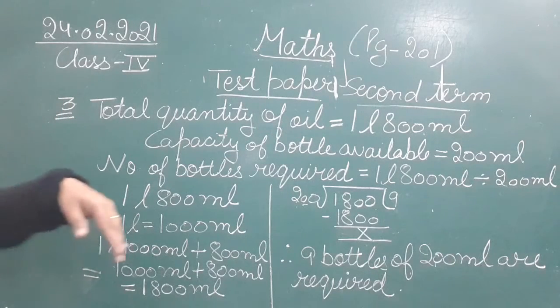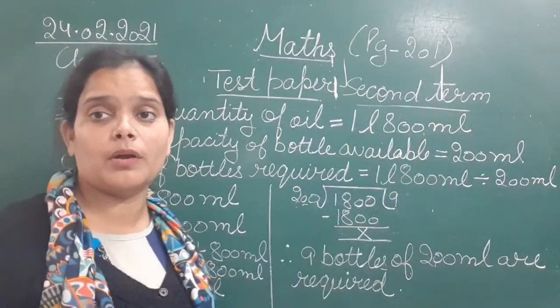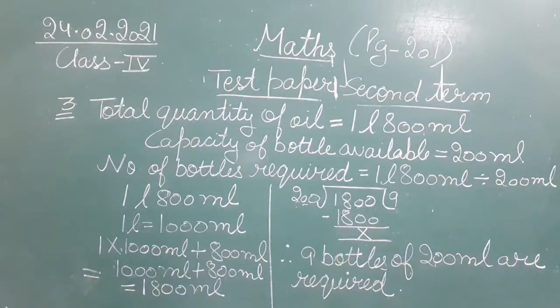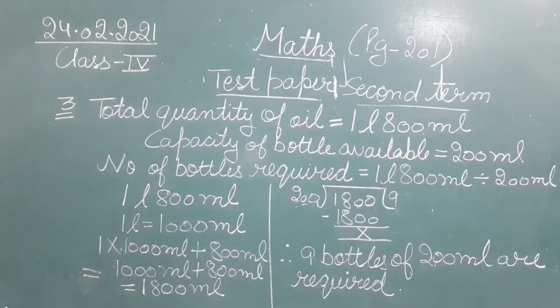Okay, चाहे तो पूरा लिख सकते हैं to fill 1 liter and 800 ml of oil. So you can write up to this. This is more than enough. Okay, so you can just write the 9 bottles of 200 ml are required.